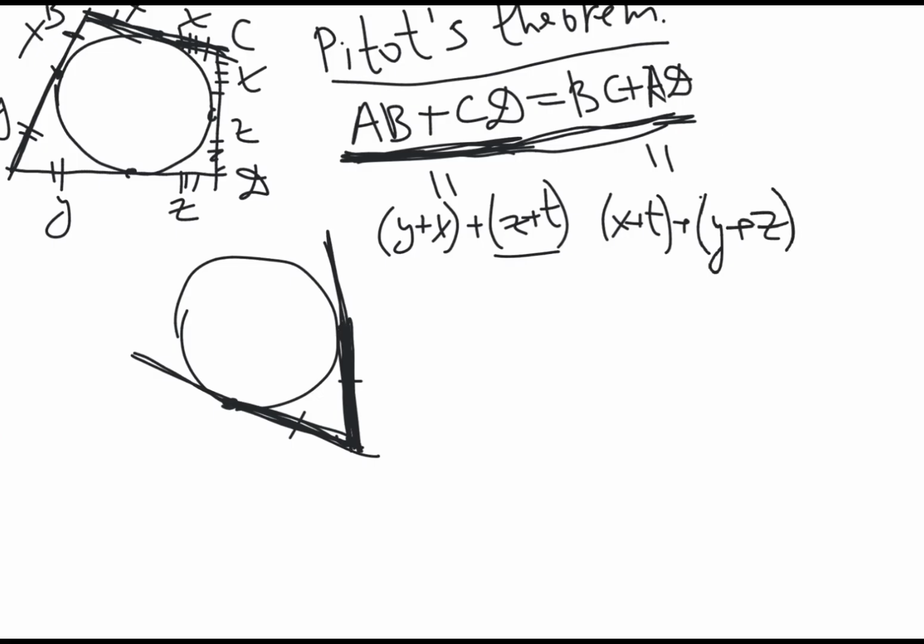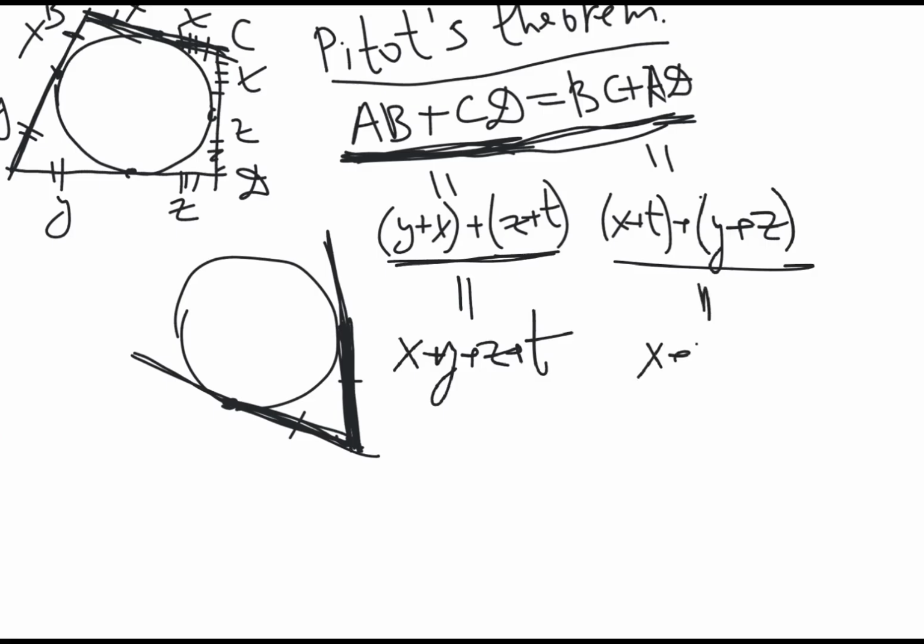And we see that this sum is equal to this sum because they're both equal to x plus y plus z plus t. So these expressions are equal to each other.